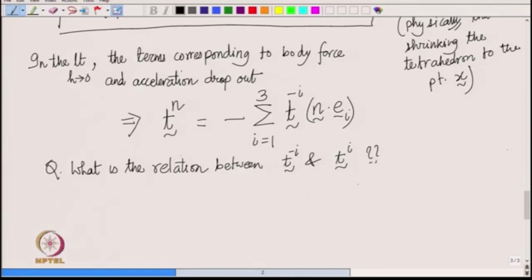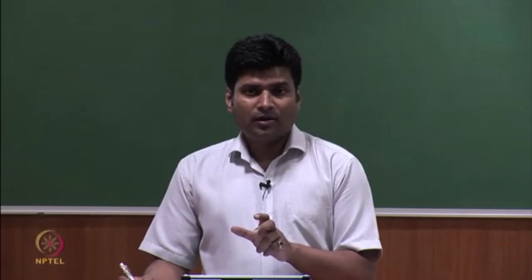See, by definition T minus i is the traction on minus e i plane. For i equal to 1, T minus 1 is the traction on minus e 1 plane, whereas T 1 is the traction on e 1 plane. So, you see it is the same plane, but with two different normals.